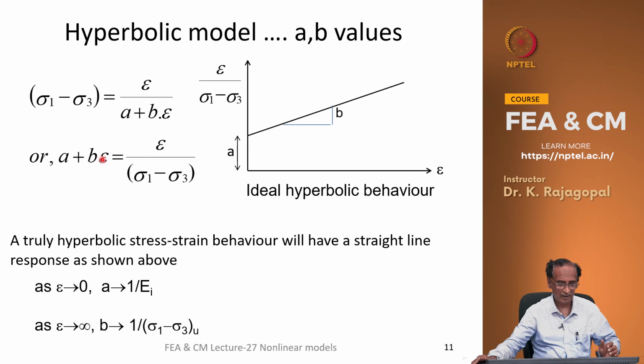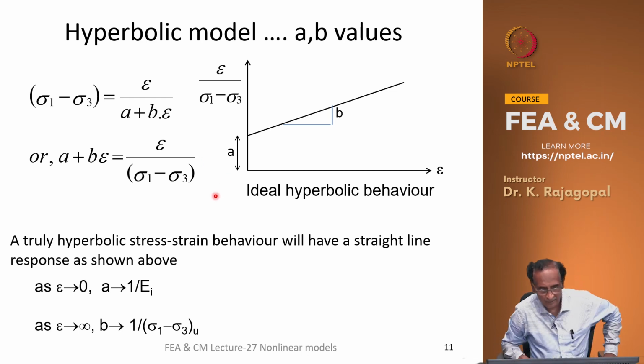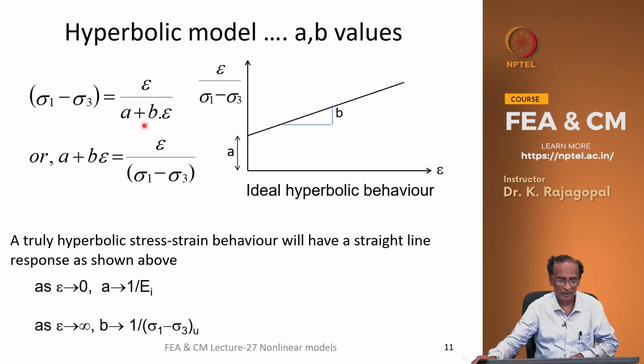Epsilon gets cancelled out and your B tends towards 1 by sigma 1 minus sigma 3 ultimate. So, B is the reciprocal of the ultimate stress, or the asymptotic limit on the deviator stress, and A is the reciprocal of the initial modulus. This is the meaning of these two terms A and B in the hyperbolic model.